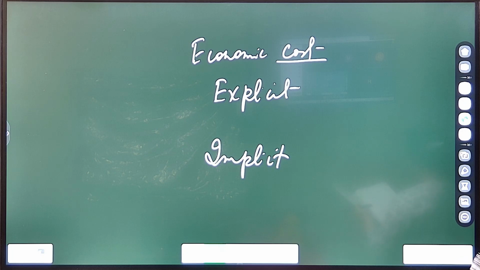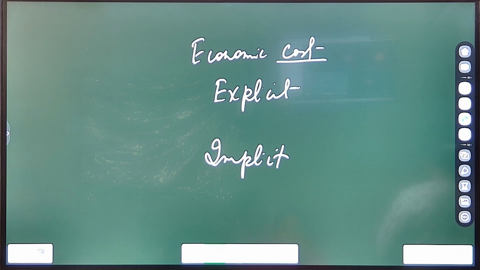This cost is actual money expenses directly incurred for purchasing the resources. For example, rent to the land, wages to the laborer, expenditure on raw material, interest on borrowed money. And implicit costs are imputed costs of the factors of production owned by the producer himself, which are generally left out in the calculation of expenses of the firm. For example, rent for the use of own land, interest on its own capital.